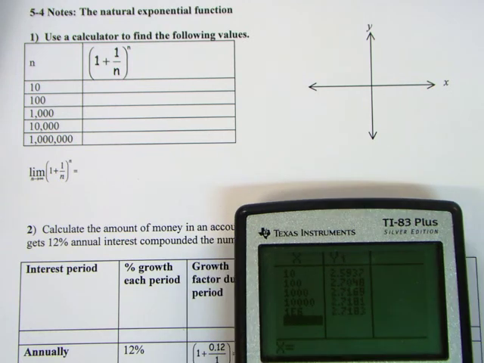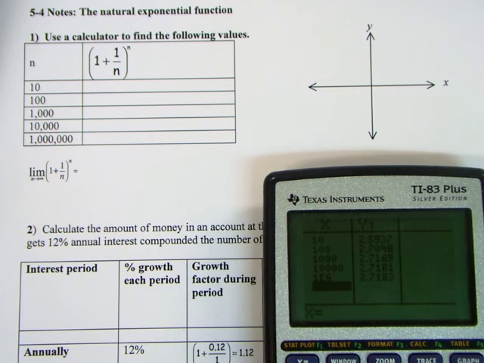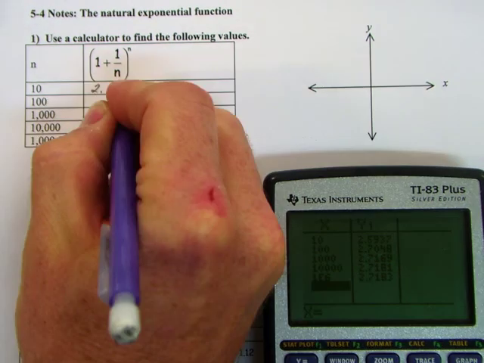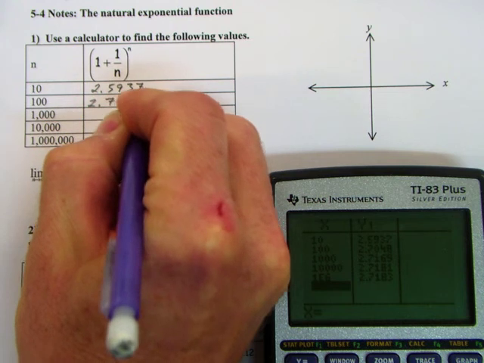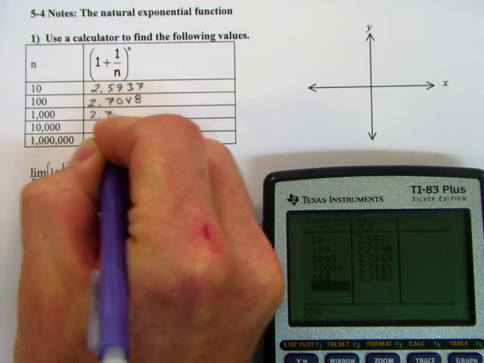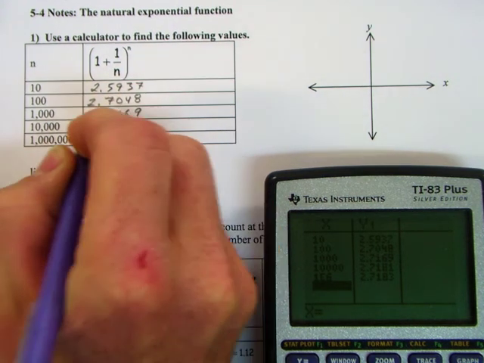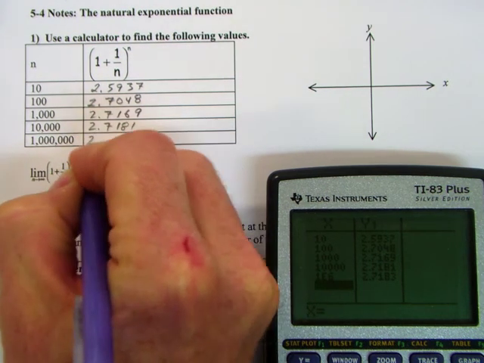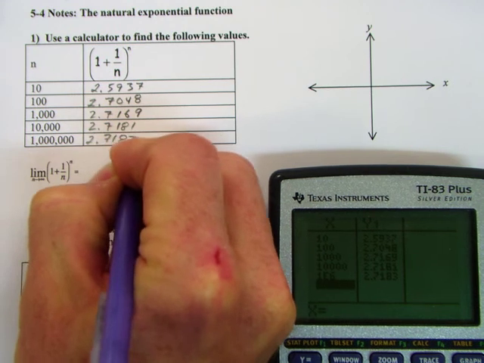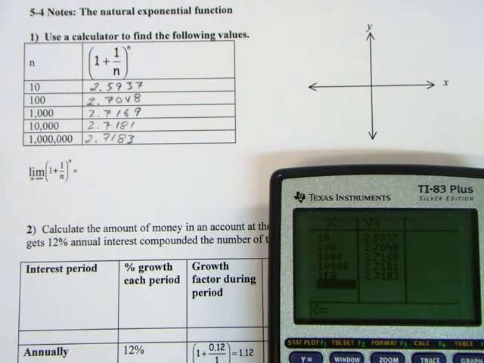And so we just need to record those. 2.5937, 2.7048, 2.7169, 2.7181, and 2.7183. Now the question I have for you is, what do you think is happening to these values?